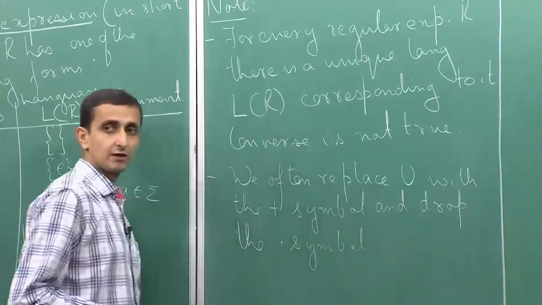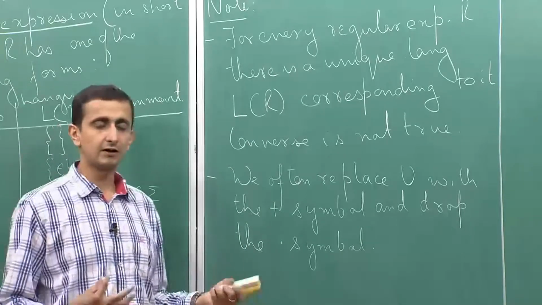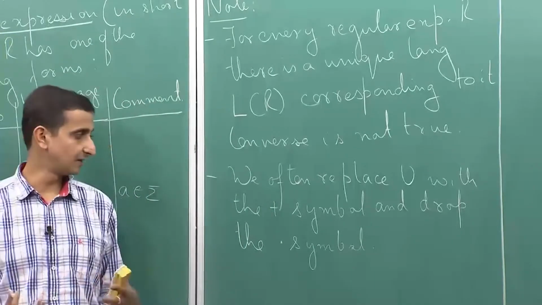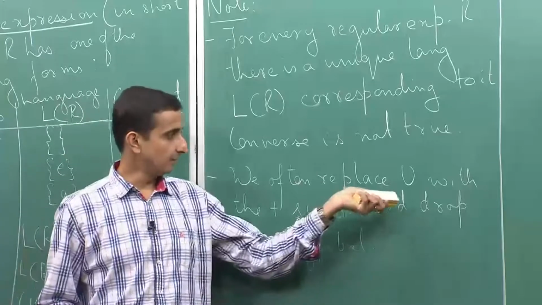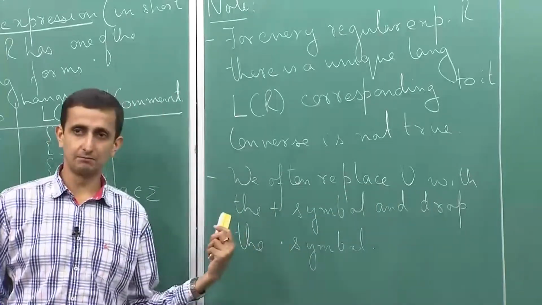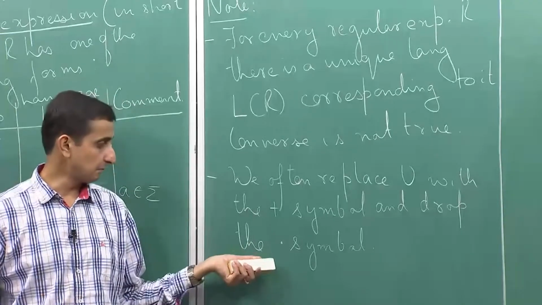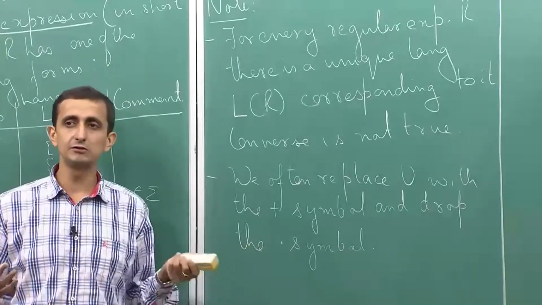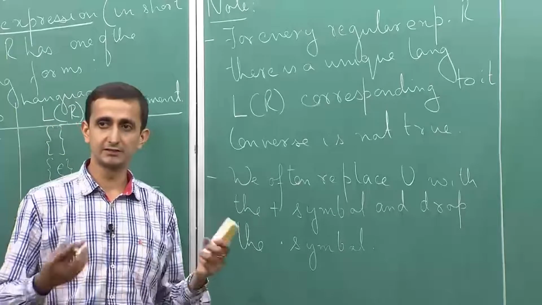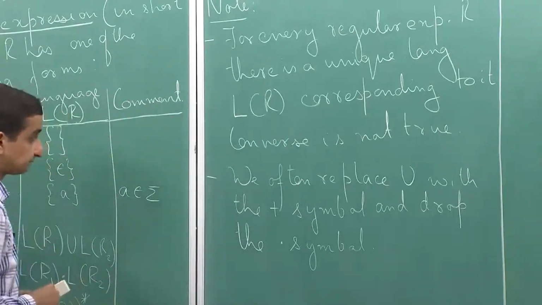Okay. So just to give it a more algebraic feeling, when we are actually working with regular expressions, we replace the union symbol with the plus symbol. Okay. And wherever it is sufficiently clear, we don't use the dot symbol, we just ignore it.